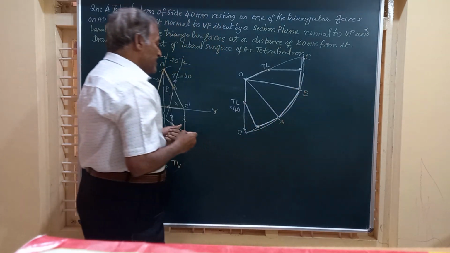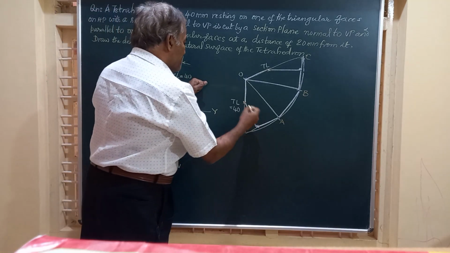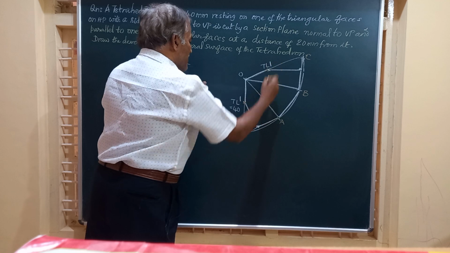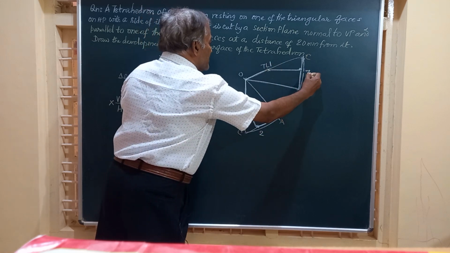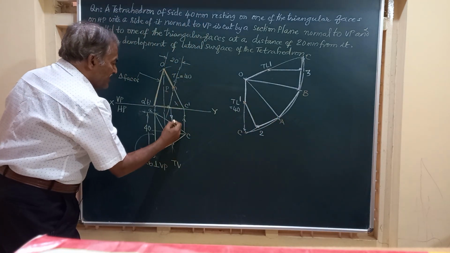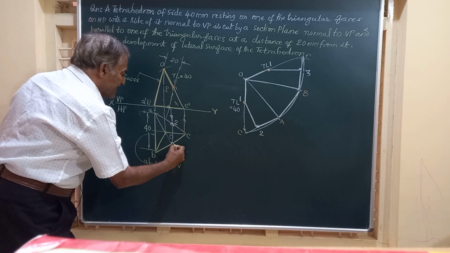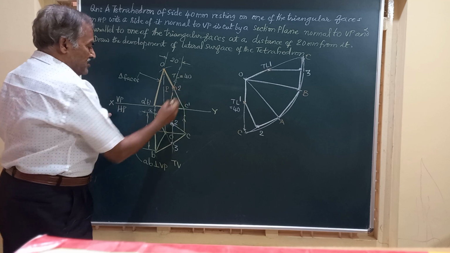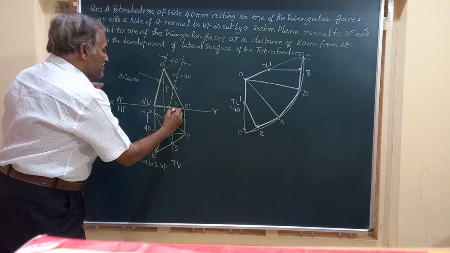Friends, this figure, let me number the figure and then mark it. So if I am calling this point number 1, this is point 1, this is 2, and this is 3. So on AC you have got point 2. On BC you have got point 3. This is 2 comma 3 here.